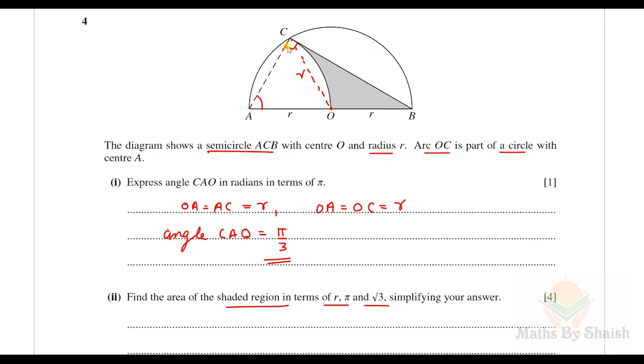So this would be 90 degrees, and we have this angle, pi by 3, and this radius AO is equal to OA, that is R. We have the two sides, R and 2R, and the angle between them, so we can use the sine rule for area. So the area of the shaded region would be the area of the triangle minus the area of the sector.